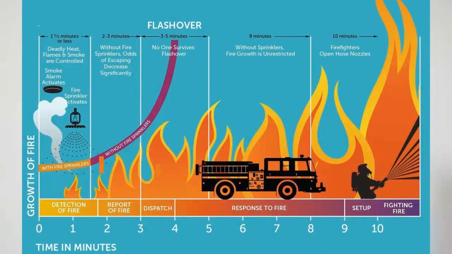If you've only got a smoke alarm and you don't have sprinklers, within 2 to 3 minutes the fire starts to grow quite rapidly. Then at roughly 3 to 5 minutes you should possibly have flashover, and at that point, in that area, it'll get out of control, and you will have serious doubts about anybody surviving, depending on the size of the property, etc.